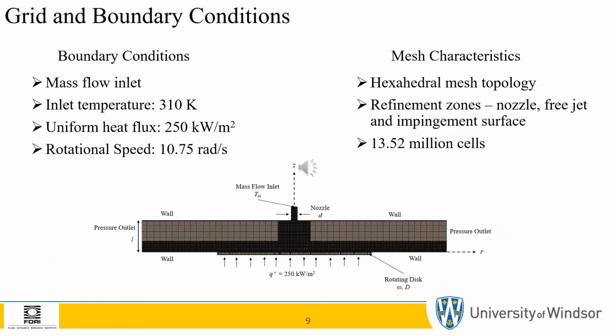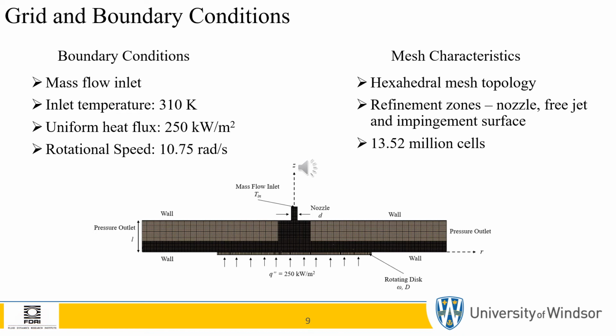In terms of boundary conditions, a mass flow inlet is imposed at the inlet and is adjusted to match the desired jet Reynolds number. A constant inlet or jet temperature of around 310 Kelvin is considered, and a uniform heat flux of around 250 kilowatts per meter squared is applied to the bottom surface of the disk.